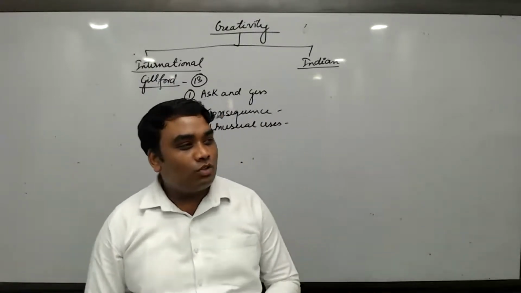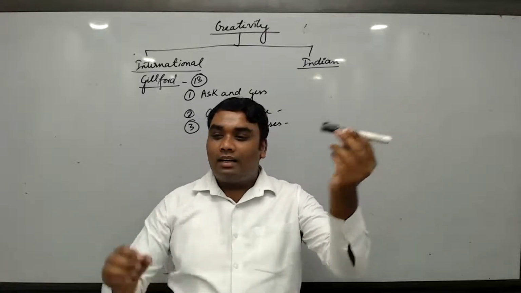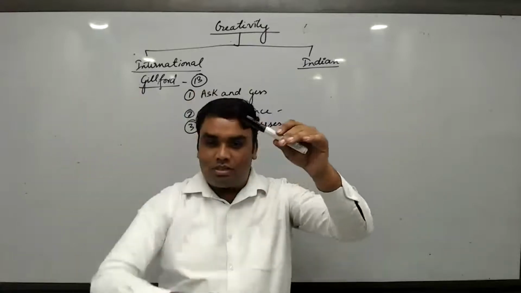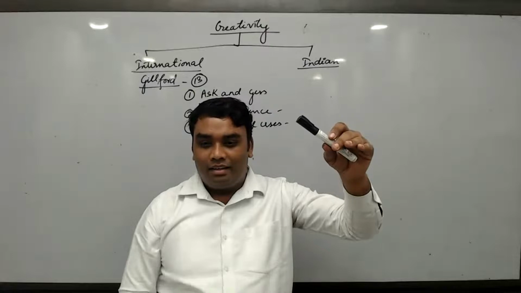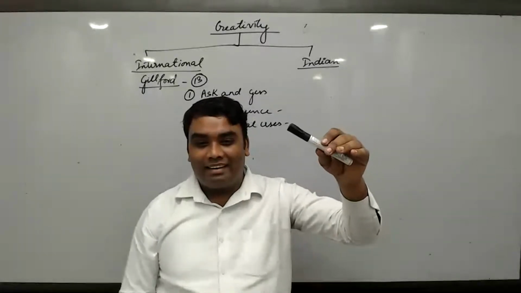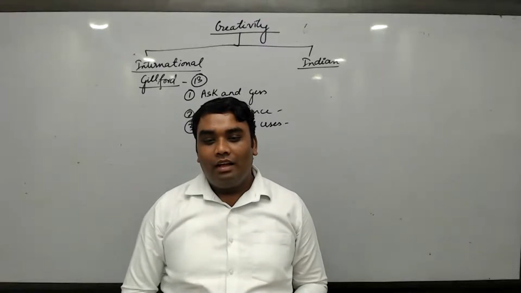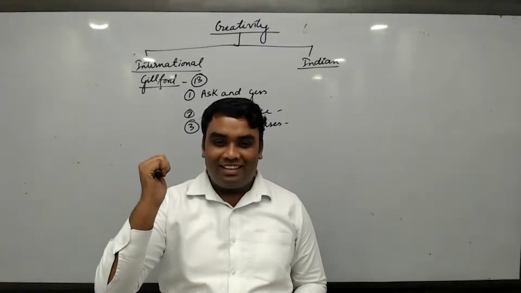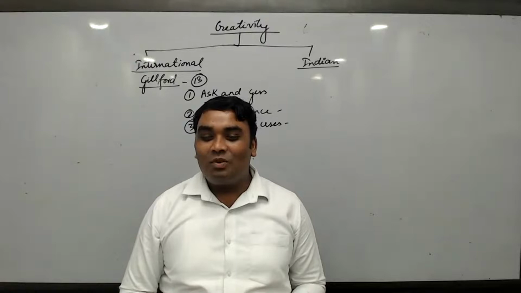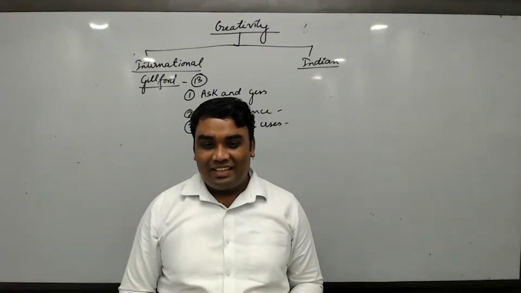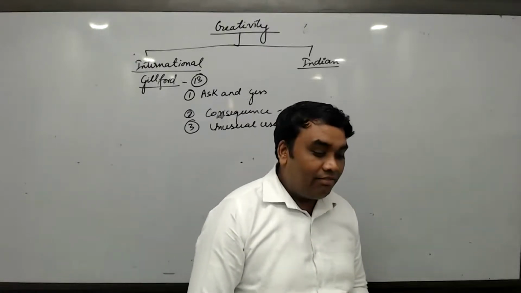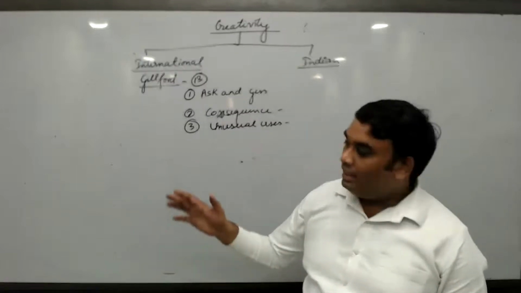It can also be used to put into a wall to keep some things, like a hanger or a nail, and it is used to kill something. We have seen the movie Jai Ho. So there are various uses of these things.